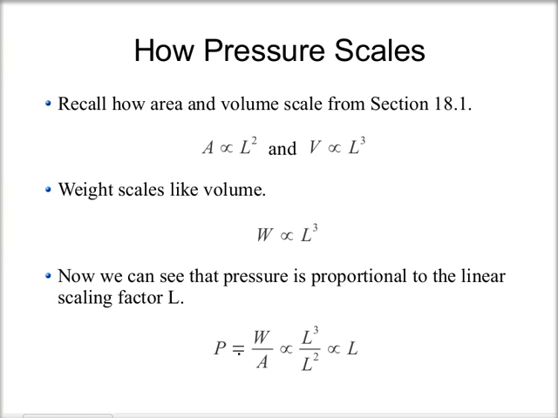Pressure is equal to weight divided by area. We know weight is proportional to L cubed, and area is proportional to L squared. So L cubed divided by L squared is just going to be L. So this tells me that pressure is proportional to L, which is what we saw in that example with the cube.